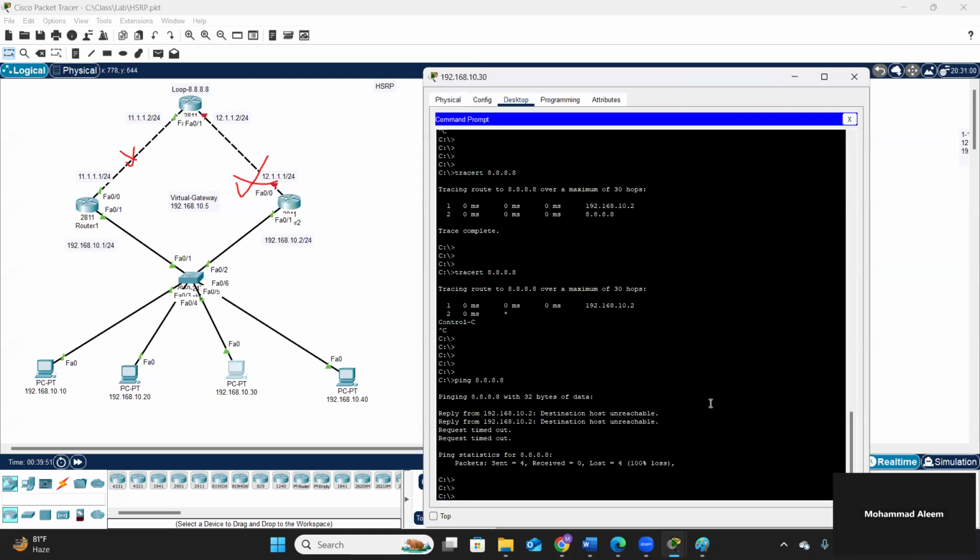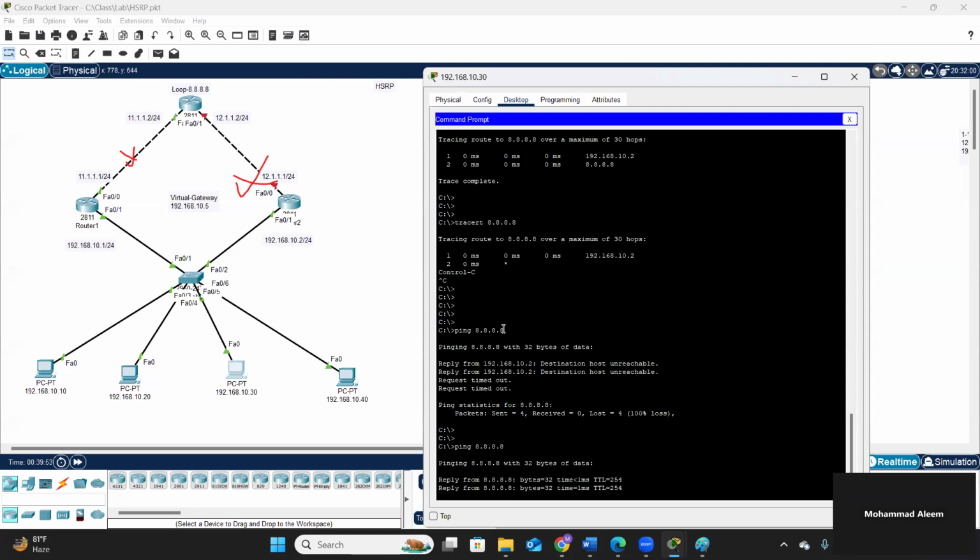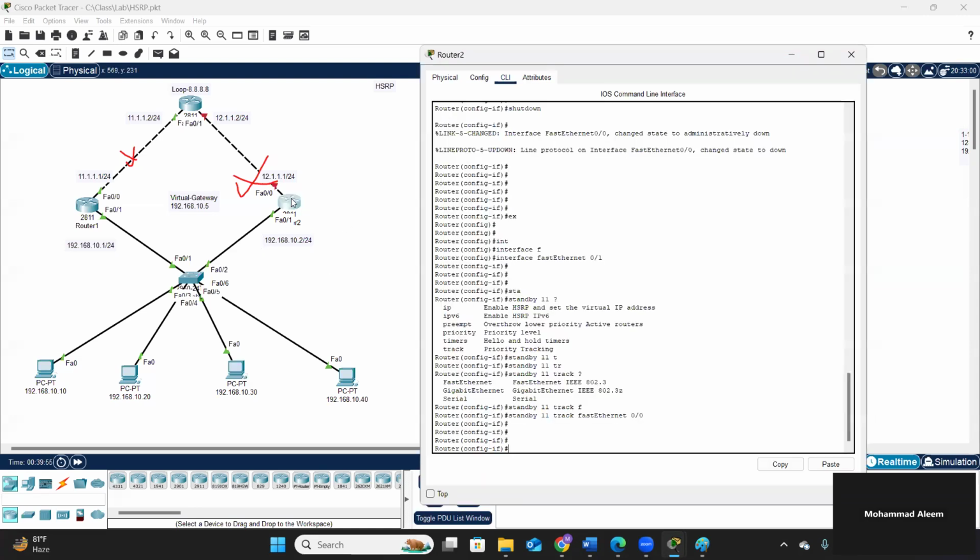Now it should ping. Here we have a tracker option. If WAN interfaces are down, the router decrements the priority by a default of 10.